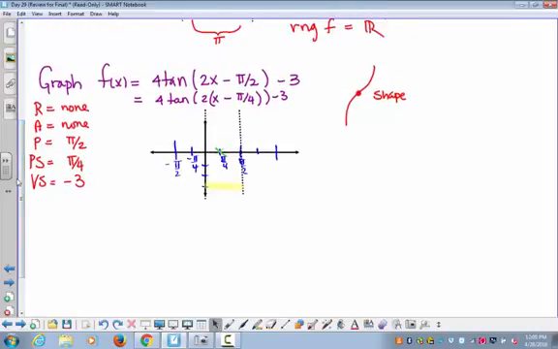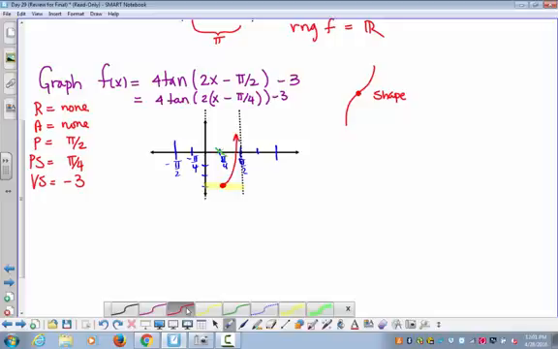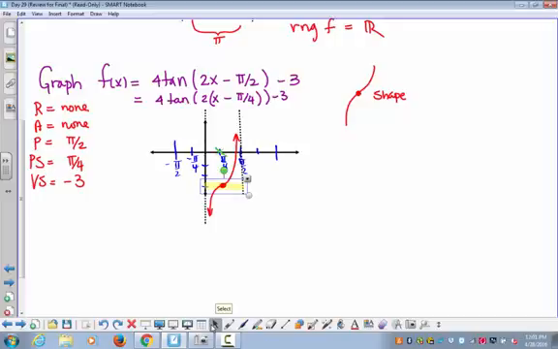Our key point is right here. From that key point, we're going to go up, right, and down, left. Go up, right, and down, left. And that asymptote will not be crossed, ever. So that'll be our first period of the transformation.